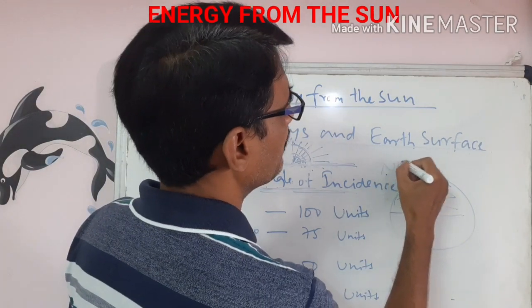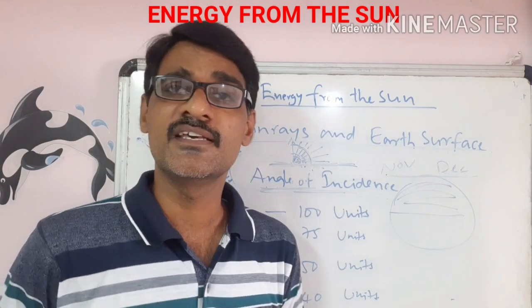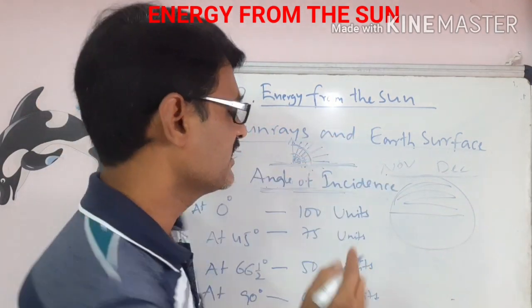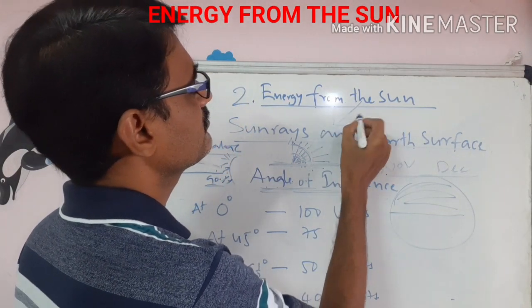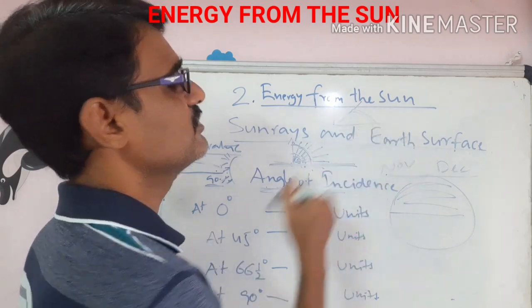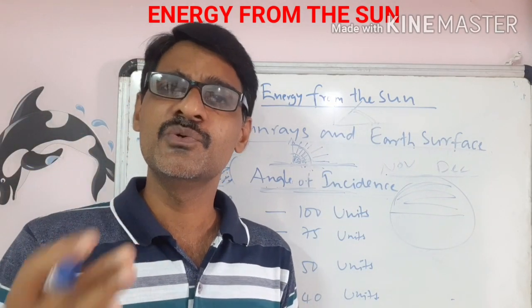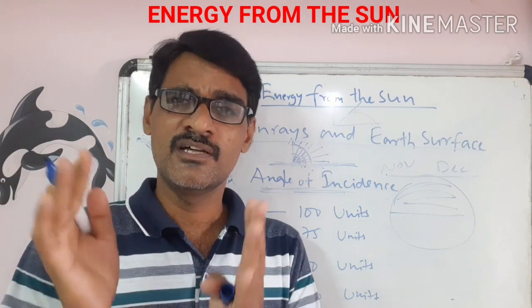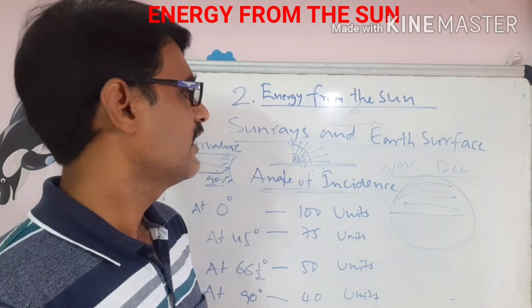When the angle of incidence is increased, automatically the intensity is lessened. Due to that lower intensity, it leads to low temperatures on those areas.